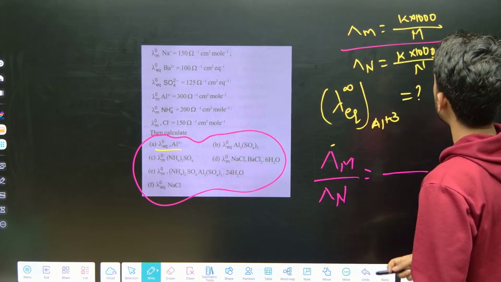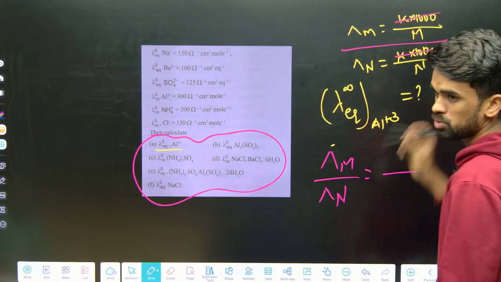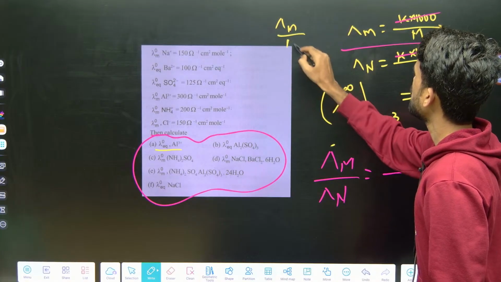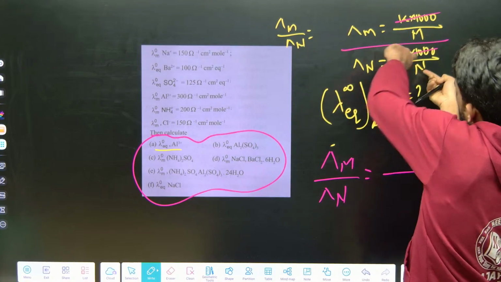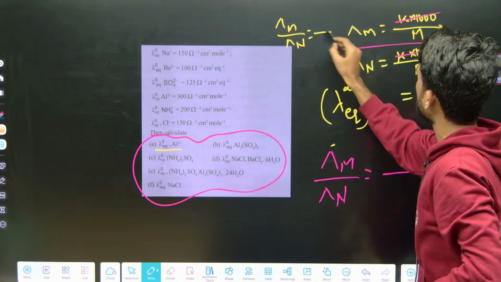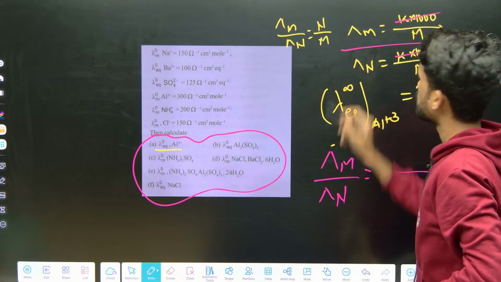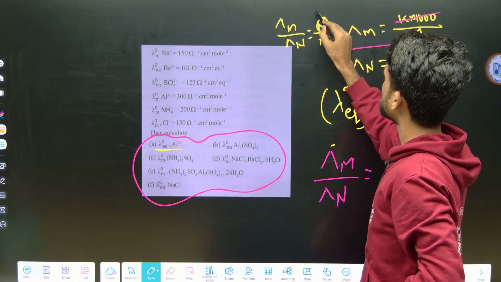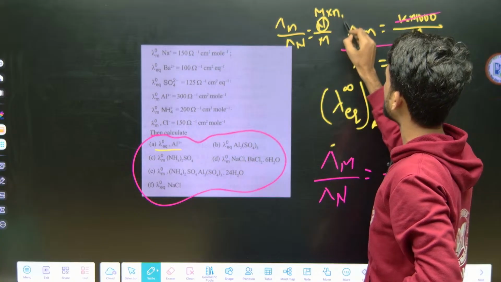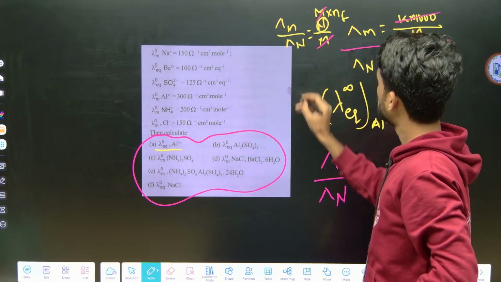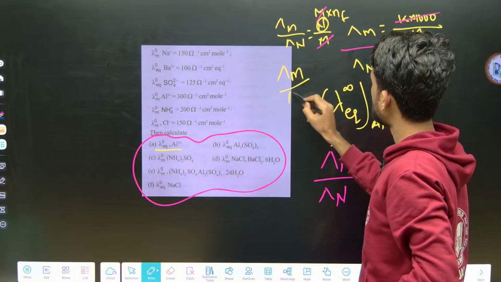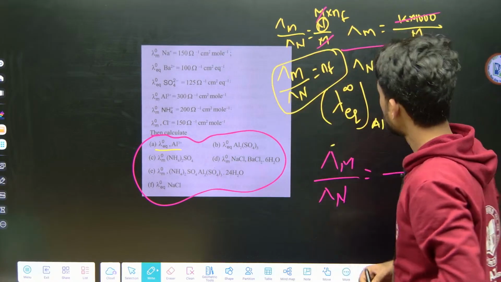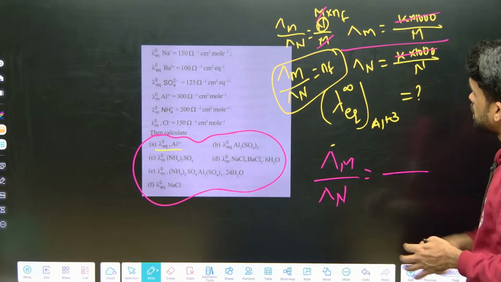Take the ratio of those two, numerator removed. Del M by del N equals N by M. Normality can be written as molarity into n factor, so molarity is removed, and del M by del N equals n factor.